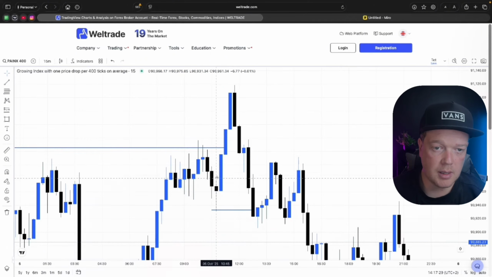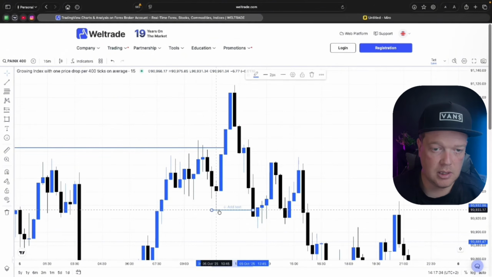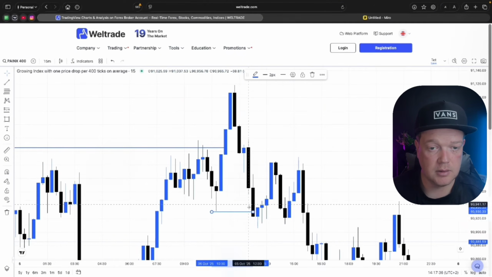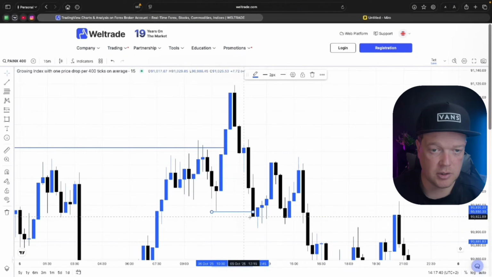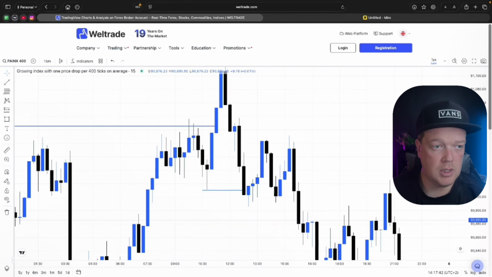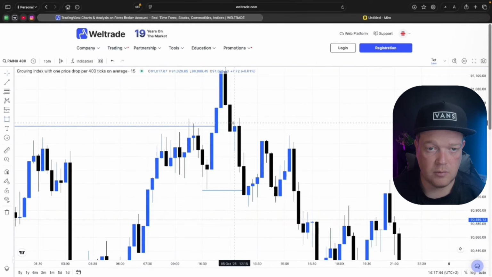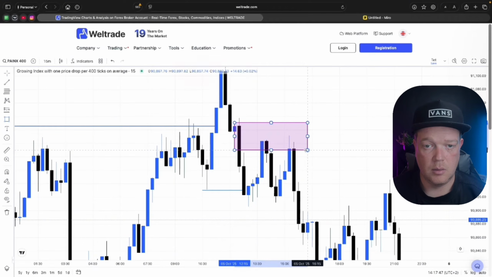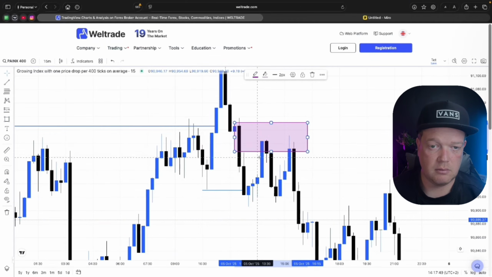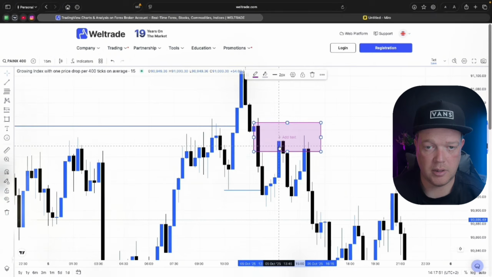So when price comes up right over here, we want to see this low being taken out as the first leg, the market structure shift or break of structure that happened. Now we have not entered a trade. We can already see price is retracing into our POI.